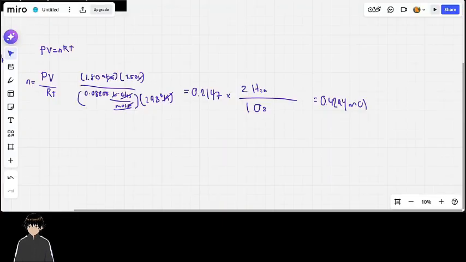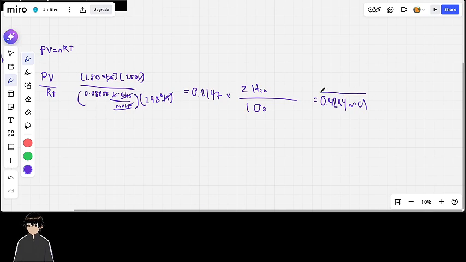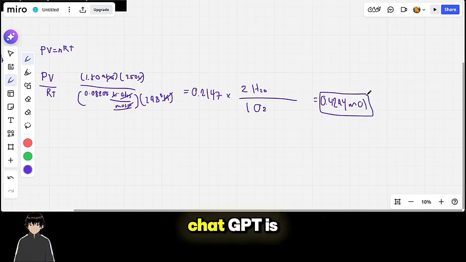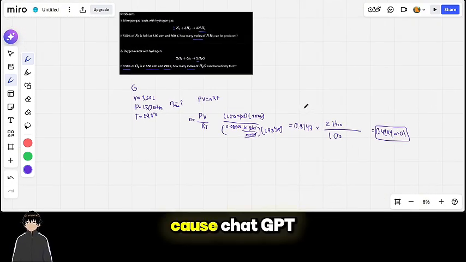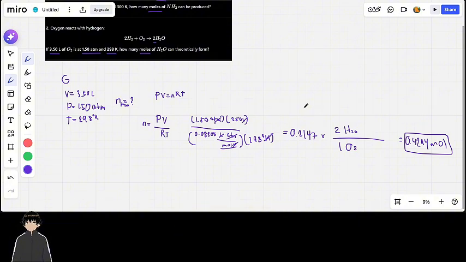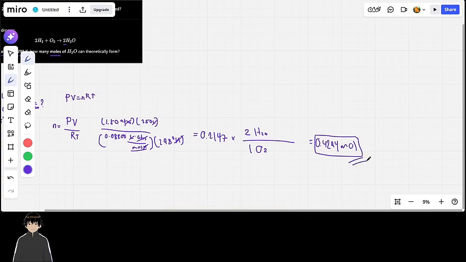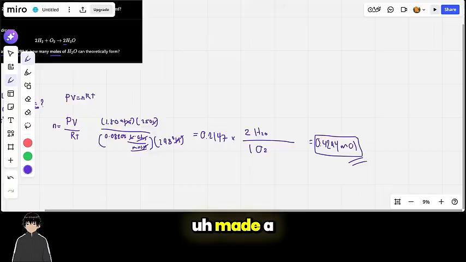Okay. So this is actually going to be the final answer. Hopefully ChatGPT is right. Otherwise, I would be kidding myself, because ChatGPT always makes mistakes when it comes to math. But either way, I believe that's going to be the final answer. You can see why ChatGPT made a mistake here.